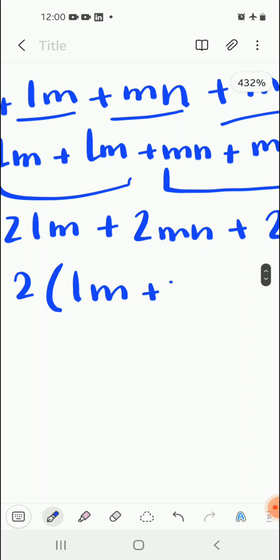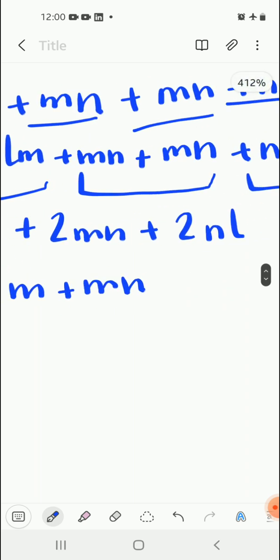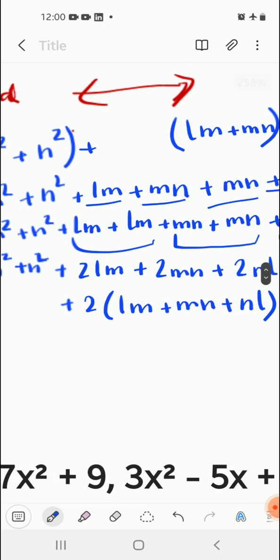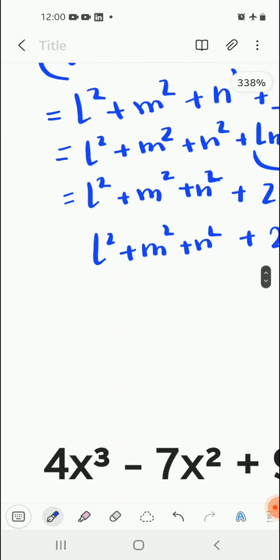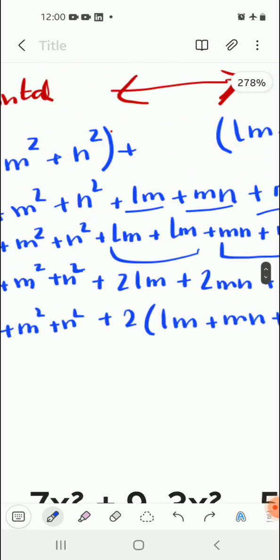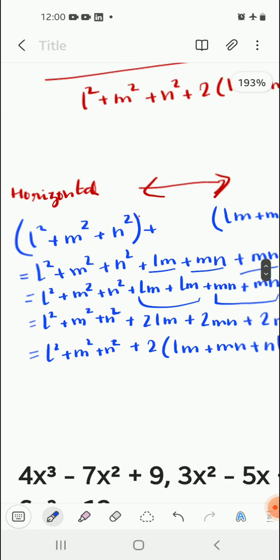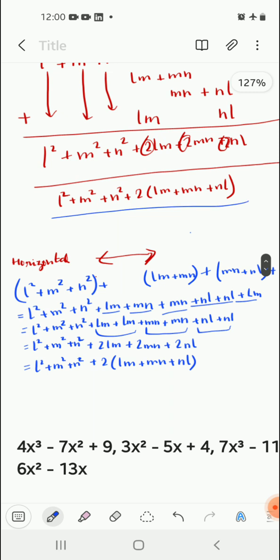That is Lm from here, Mn from the next expression and Nl from the next term. And then L square, M square and N square as it is. With this we are done with this sum. We can check, see, the answer remains the same irrespective of whatever method we are using.